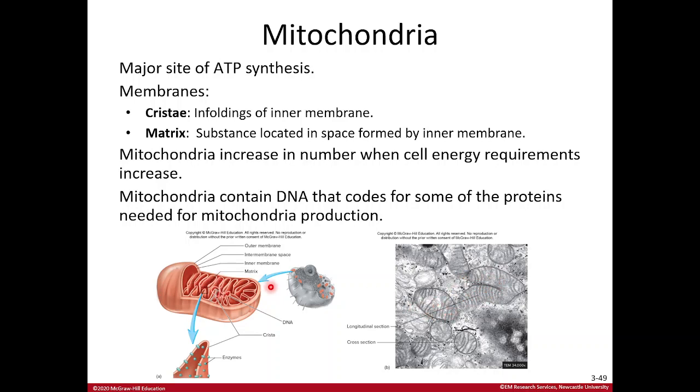And within this inner membrane, you will have this complex where you make ATP through what we call the electron transport chain. The mitochondria has its own DNA, and it has 70S ribosomes, which are similar to the ones that some microorganisms have, like bacteria.